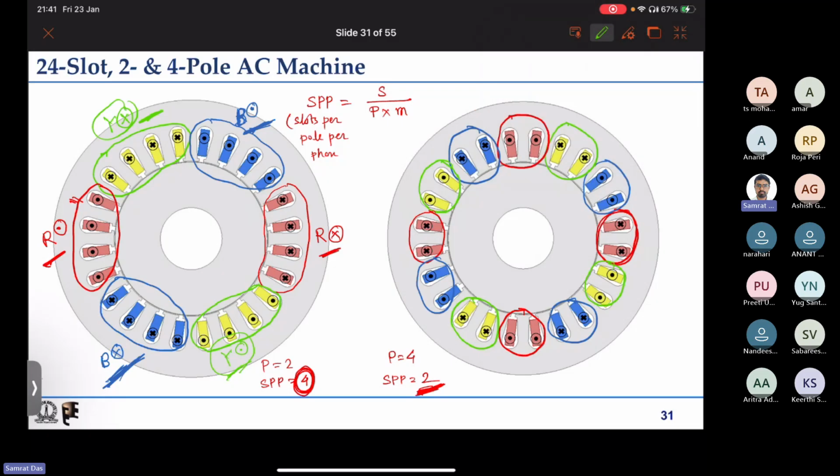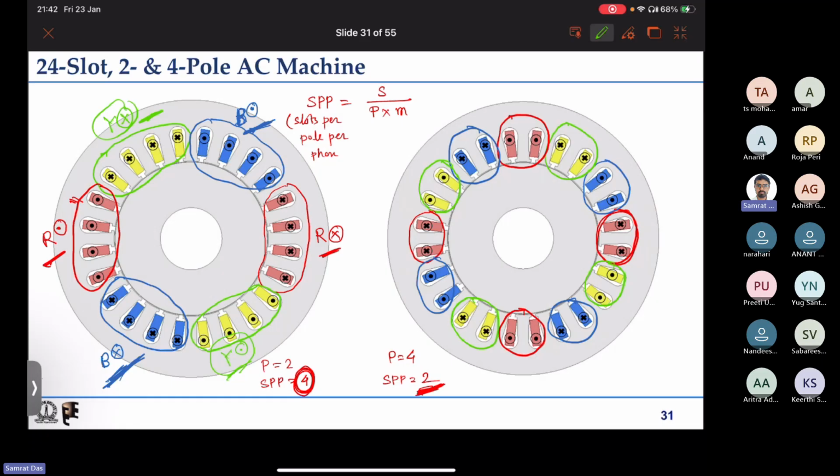Now you can see you have 12 phase belts, and each phase belt consists of two slots. So we have such a combination of two slots comprising one phase belt, and that is 12 phase belts in total.